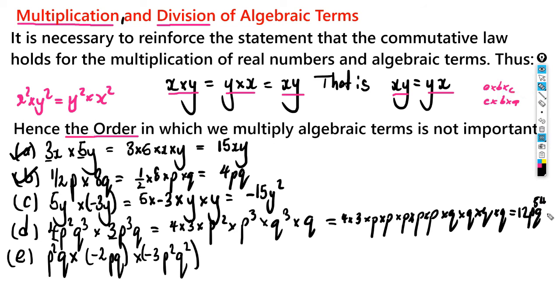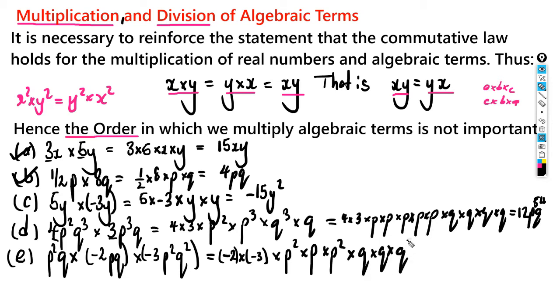Okay, guys? All right, now this one is pretty similar. First thing we want to do is multiply the coefficients. This is actually a 1 for the coefficient here, but we're just going to ignore that 1. And we're going to have -2 multiplied by -3 multiplied by p squared multiplied by p multiplied by p squared multiplied by q multiplied by q multiplied by q squared.